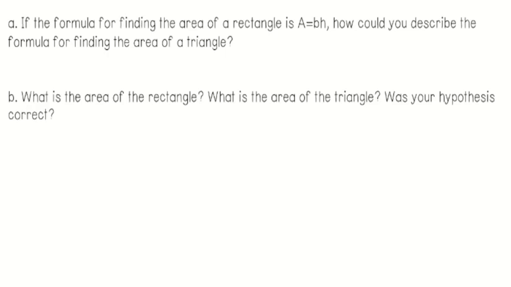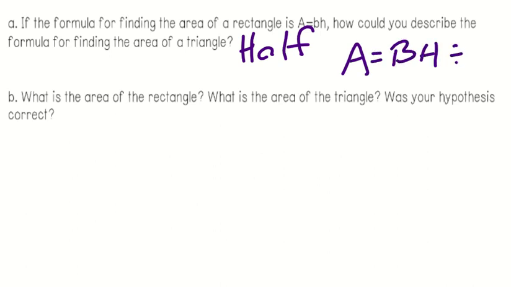So it's either, you could describe it as half, or we could just put A equals base times height divided by 2. I write it that way, base times height divided by 2.